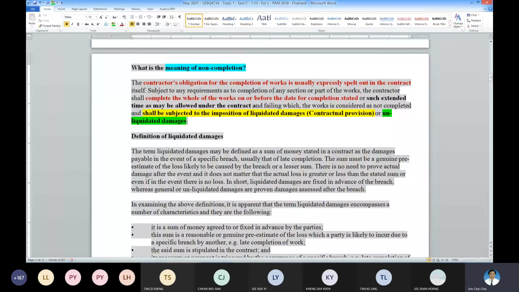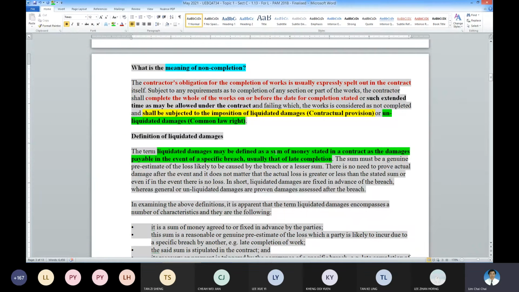So the definition of LD: the term LD stated in the contract in the event of breach for late completion. So this is the definition, and the figure must be a genuine pre-estimate. So this is a very important principle in other countries. In Malaysia, it's slightly different.